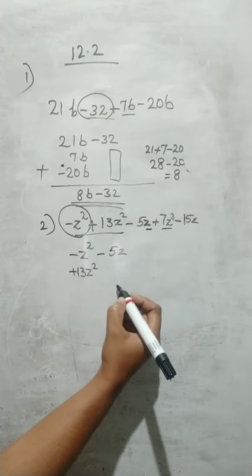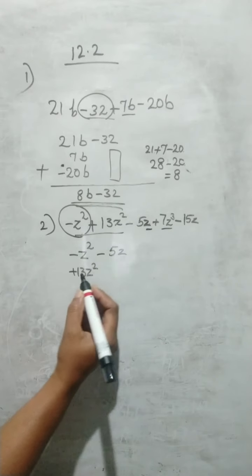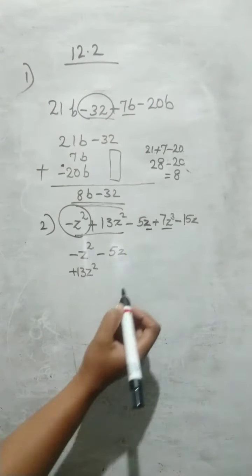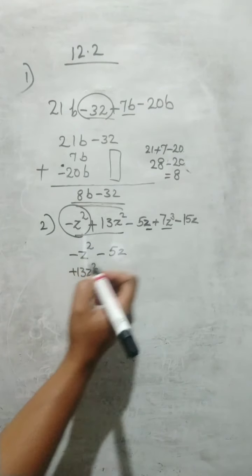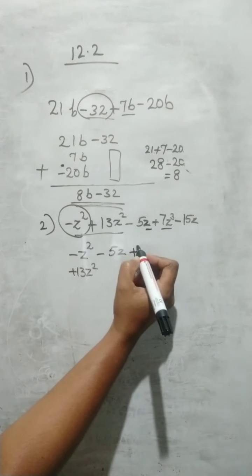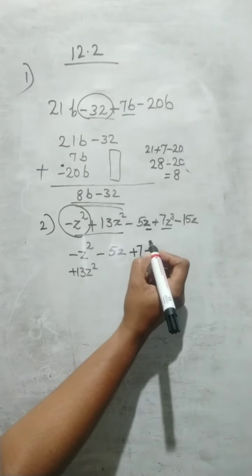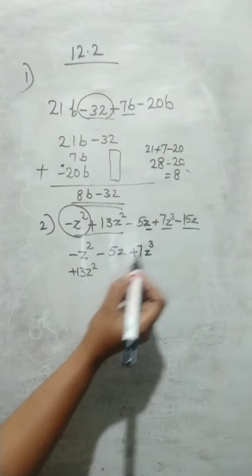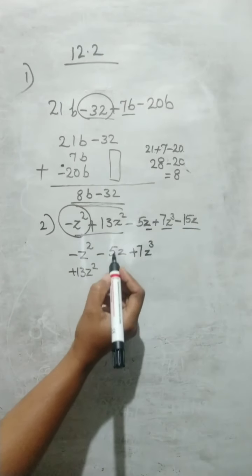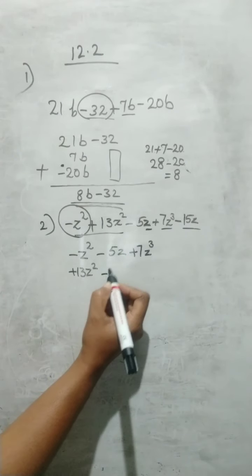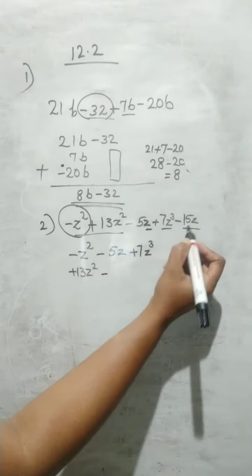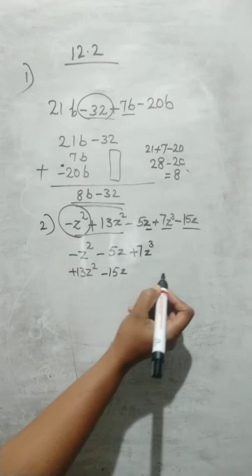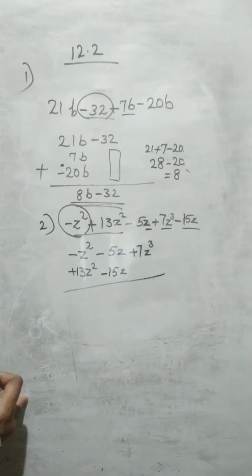That we can't write along with 5z or z square, because here it is z cube, another type of variable. Then minus 15z. Here 5z and here 15z, so these are like terms. Then we have to do the calculation.